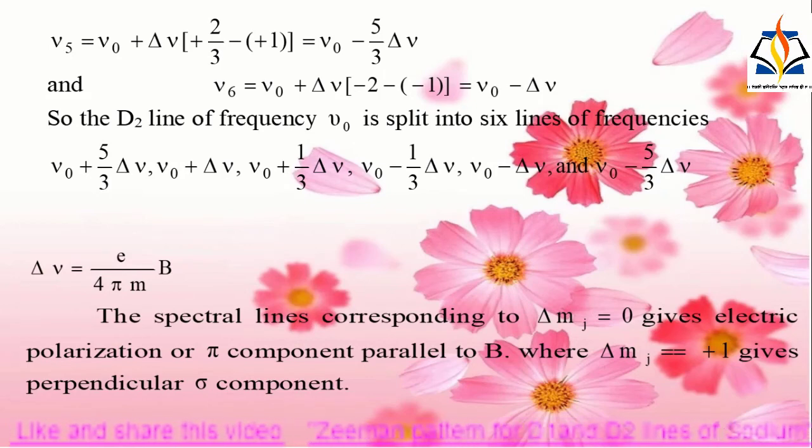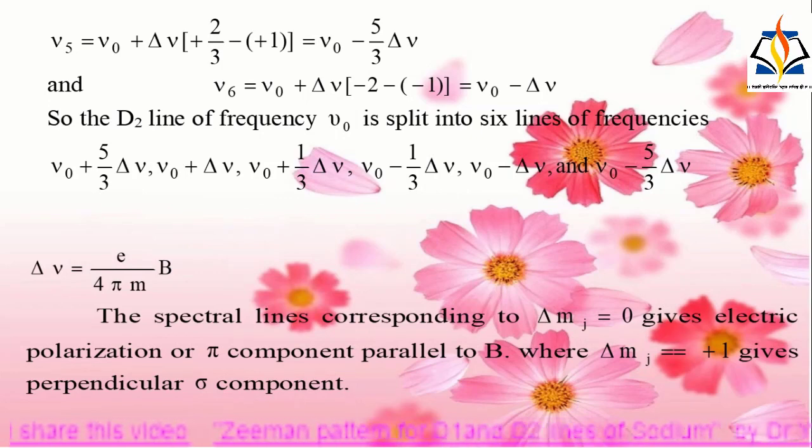So the D2 line of frequency nu0 is split into 6 lines of frequencies: nu0 plus 5 upon 3 delta nu, nu0 plus delta nu, nu0 plus 1 upon 3 delta nu, nu0 minus 1 upon 3 delta nu, nu0 minus delta nu, and nu0 minus 5 upon 3 delta nu, and delta nu is equal to E upon 4 pi m into B.